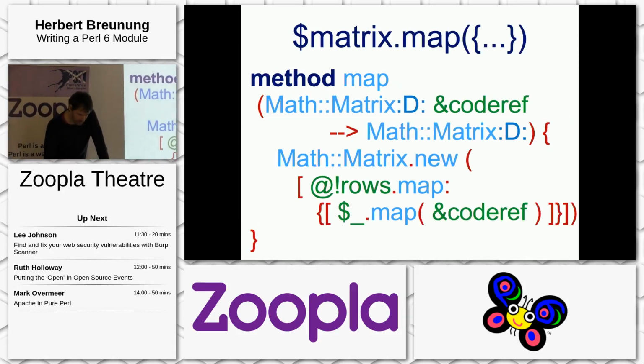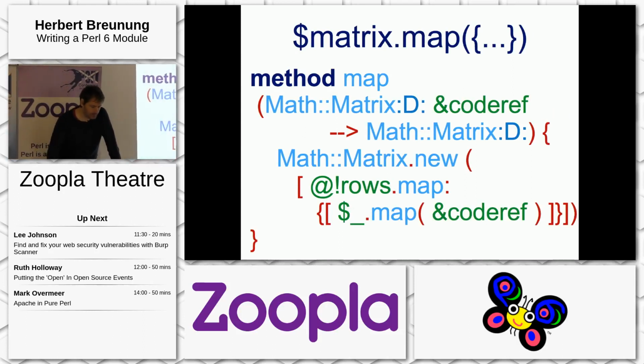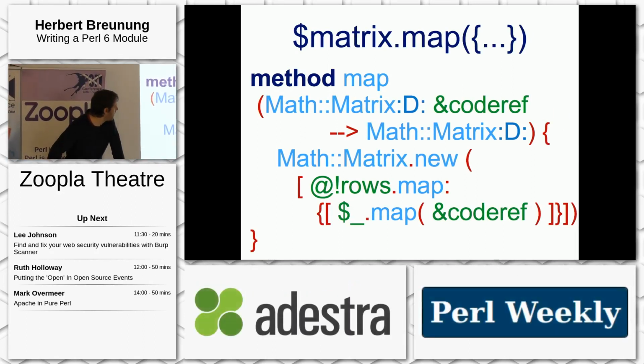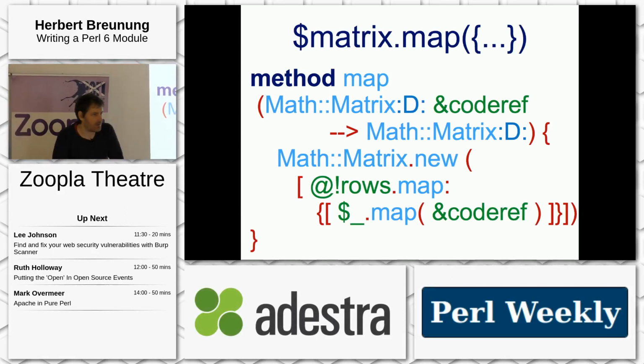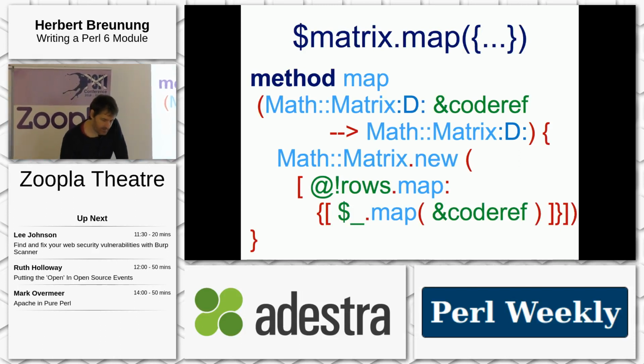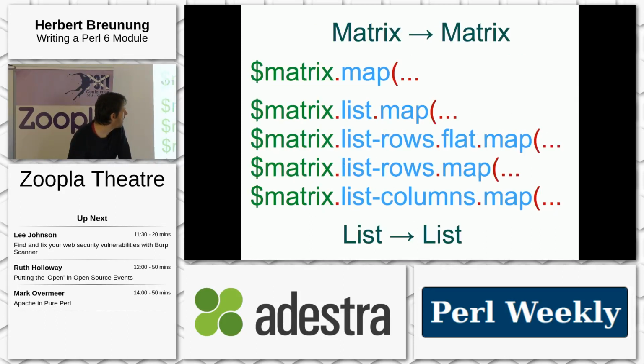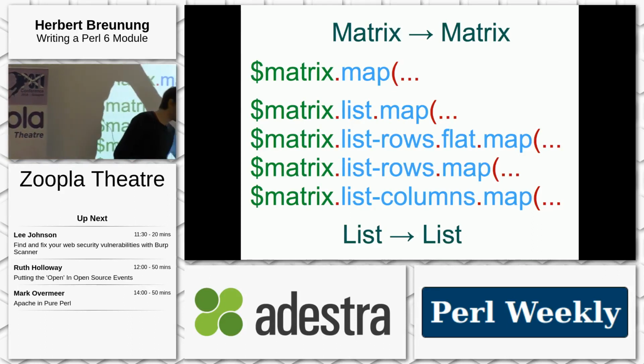All right, a map. I also implement my own map, and you might ask why you want to do that. But I think many other matrix libraries provide something, and when you think a little bit, if you have a map, it takes a list and produces a list.